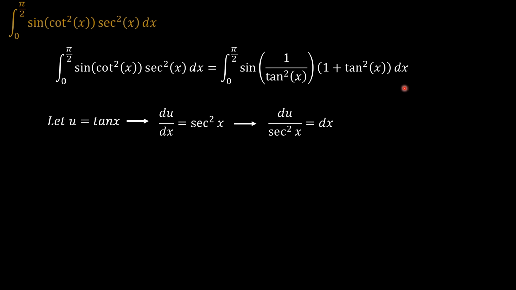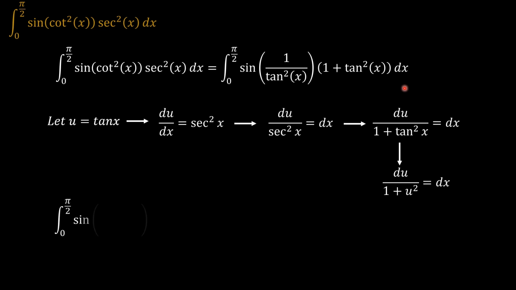And so expressing sec squared x in form of u, first of all, is 1 plus tan squared x, and since u is equal to tan x, du over 1 plus u squared is the same as dx, or can be replaced for dx.